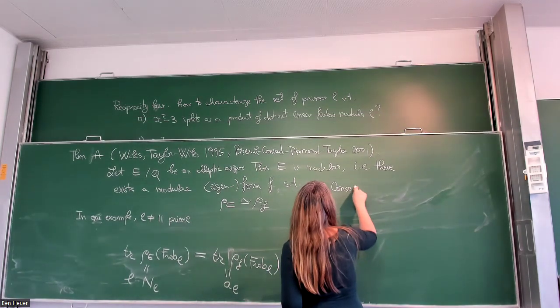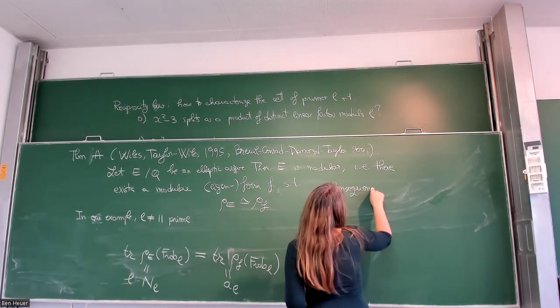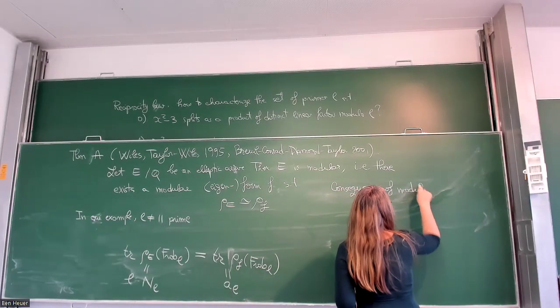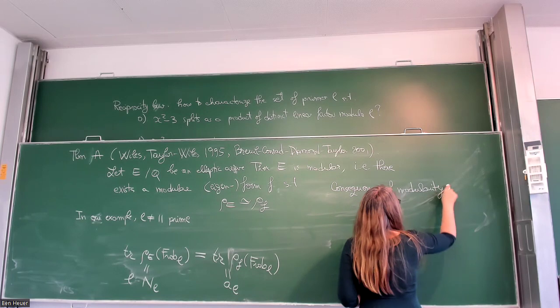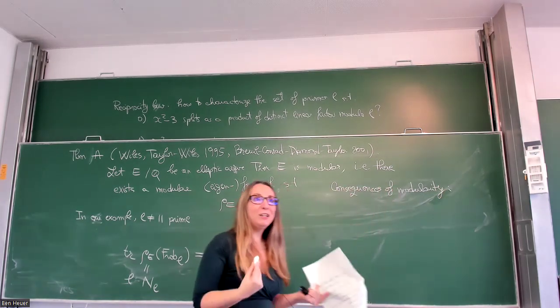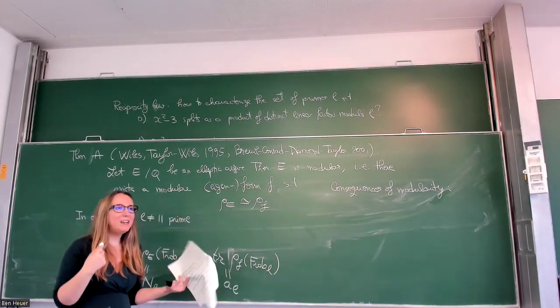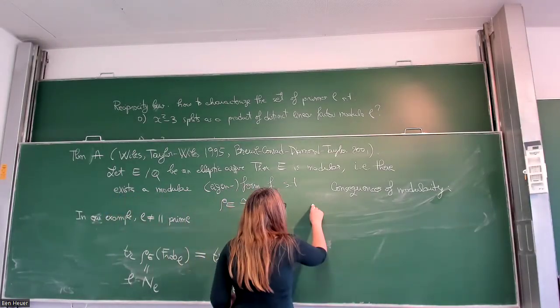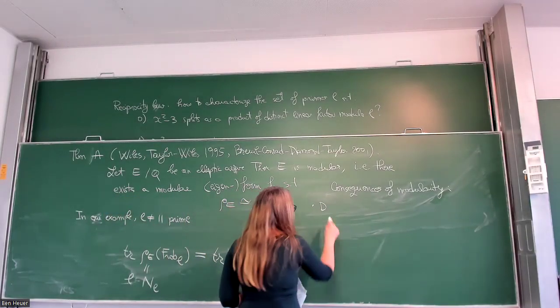So consequences. Okay, so we know all rational elliptic curves are modular. And so what? Well, it turns out this is a really useful thing to know because it connects these two very different worlds. And so the first really famous consequence is Fermat's last theorem, of course.